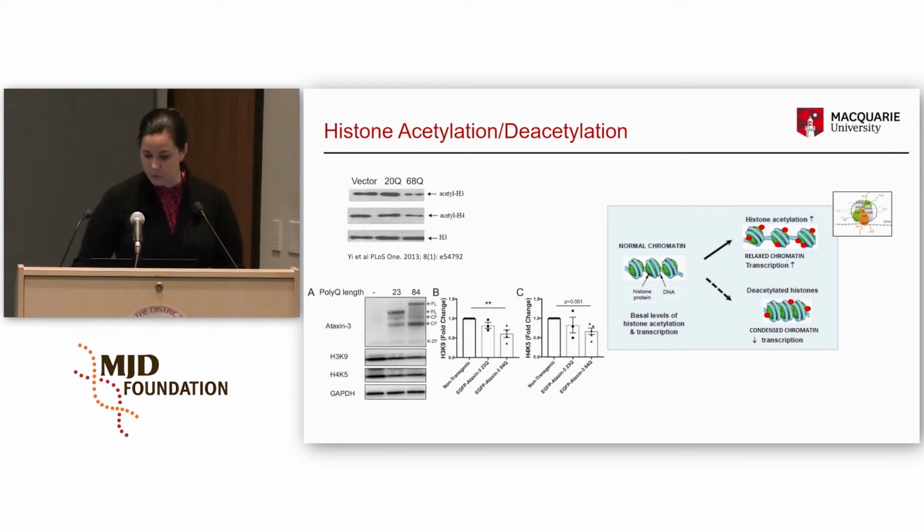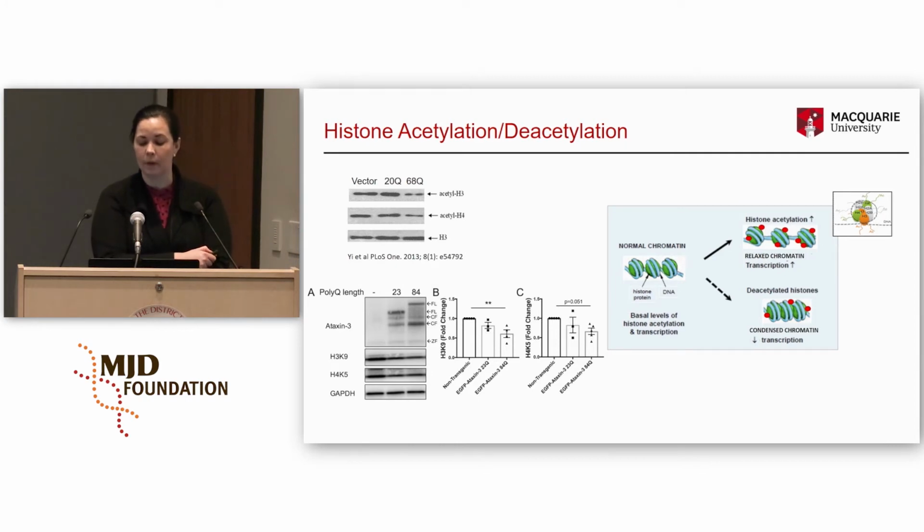This has been reported for other models of MJD, such as here in HEK cells, where you can see in the last column decreased levels of acetylated histones in the long polyQ expressing cells. In our zebrafish model, we noted there was also this tendency, and that levels of acetylated histone 3 were significantly decreased.